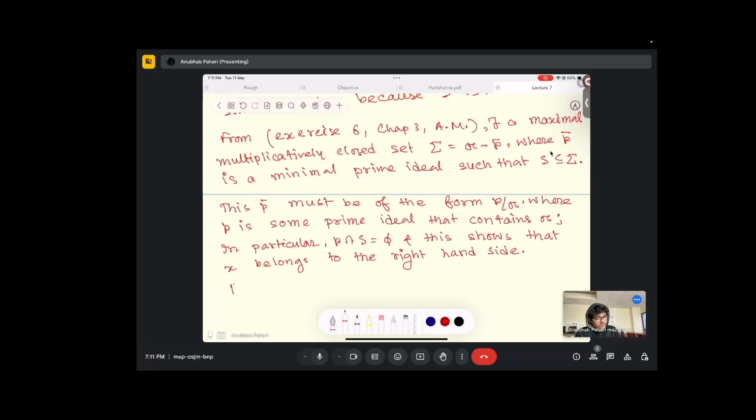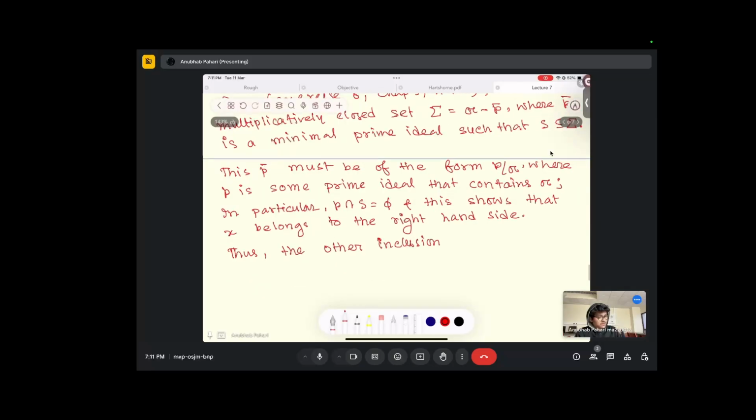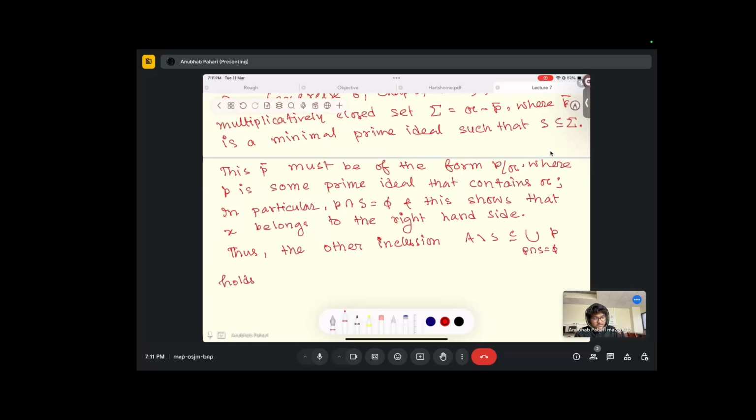Thus, the other inclusion, A minus S, the union of primes not meeting S, holds, and we are done.